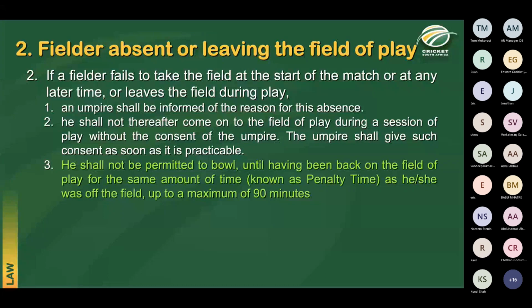So that opening bowler has been off the field for 30 minutes. Law says that when he gets back onto the field, we as umpires need to calculate and communicate to him when he can bowl again.